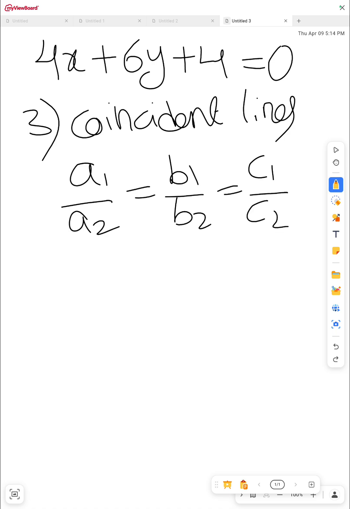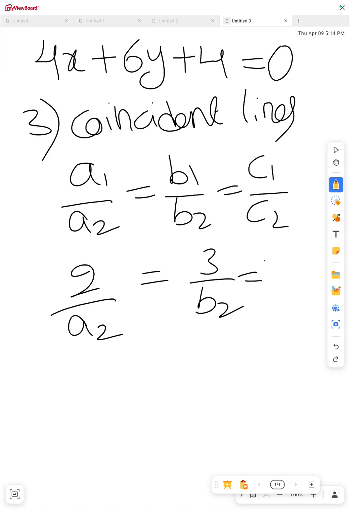I'll write the a1, b1 and c1 values: 2, 3, and minus 8 divided by c2. Now what number should be here to get the same answer? It should come while practicing. We can write any number, but these three ratios should be equal.